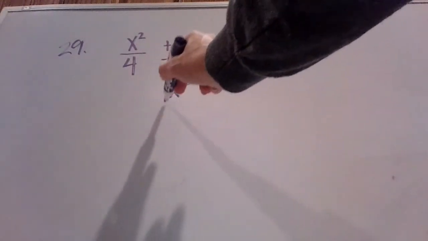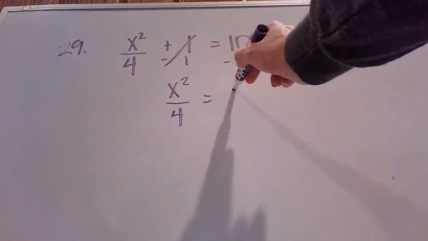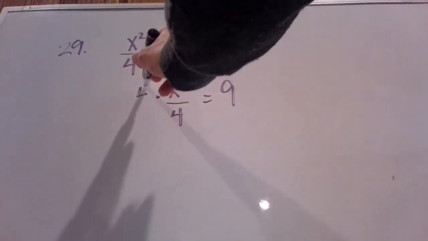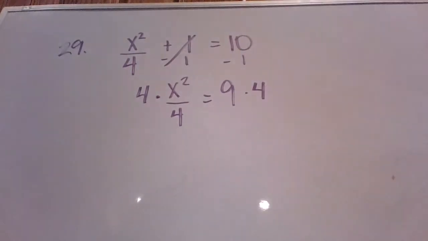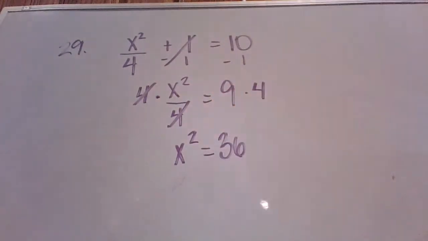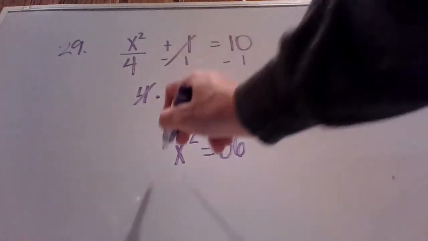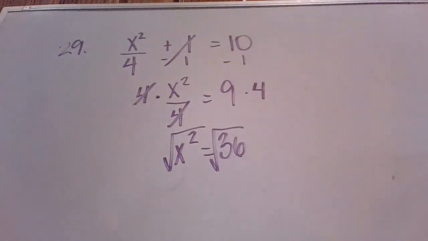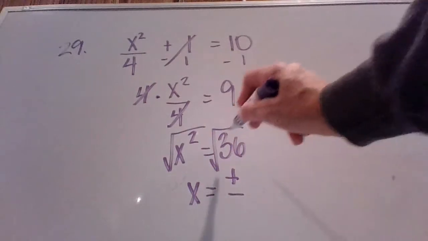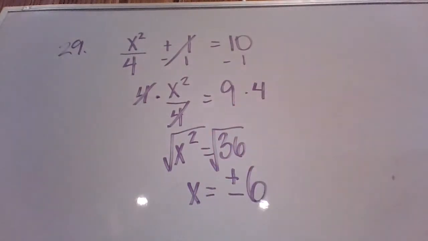So I rewrite and I have x squared divided by 4 equals 9. This is divide by 4, so we're going to multiply both sides by 4. This cancels. We're left with x squared equals 36. Now I'm going to find the square root. So x would equal plus or minus the square root of 36, which is 6.